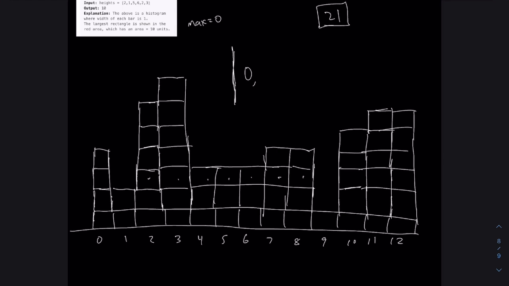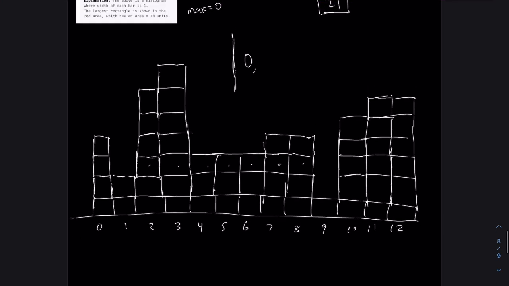And then all of a sudden, we see this one at index 1 that has a height of 2, right? So once we see that, we want to maintain our monotonically increasing stack structure.